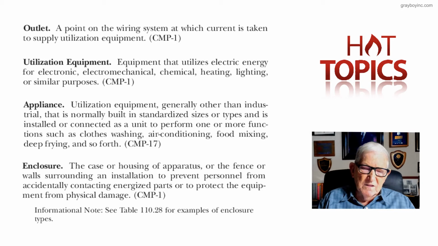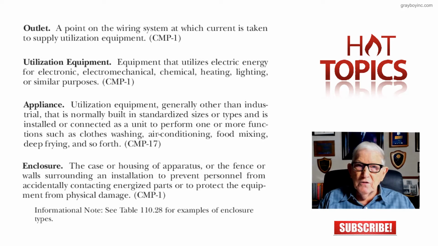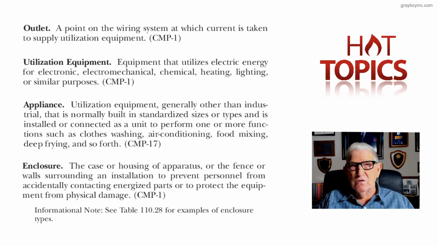And notice it says it's a case or housing of apparatus, or the fence or walls that might surround an installation to prevent personnel from accidentally contacting energized parts or to protect the equipment from physical damage. Now, that's what an enclosure is. It guards the electrical wiring that might be exposed or electrical components, so to speak.